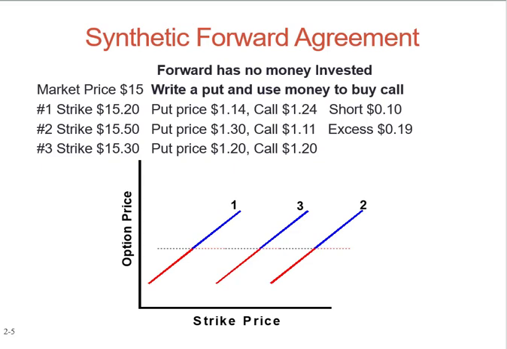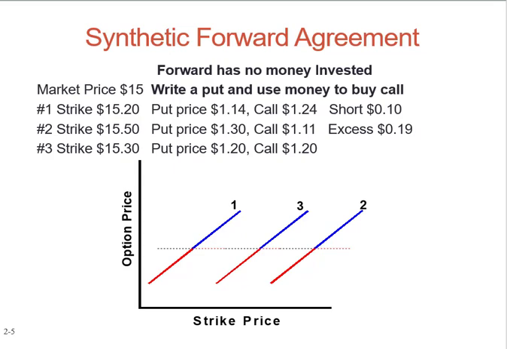Over here, I have three represented synthetic forward lines: 1, 2, and 3. The market price is $15. We're going to write a put and use the money to buy a call. So the market price is 15, strike is 15.20. The put generates $1.14, but that's not enough money to buy the call at $1.24.